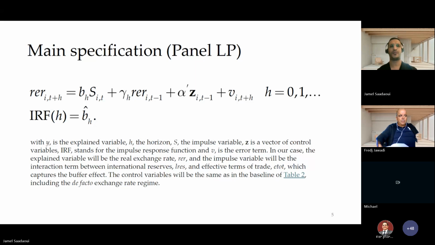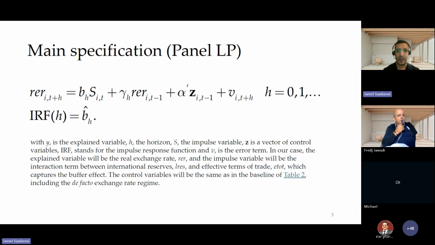On the right-hand side, you have this s, which is the shock variable. You need to keep in mind that local projections do not solve in any way the question of identification.